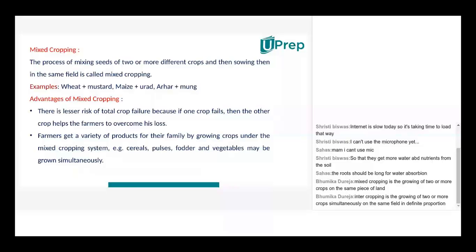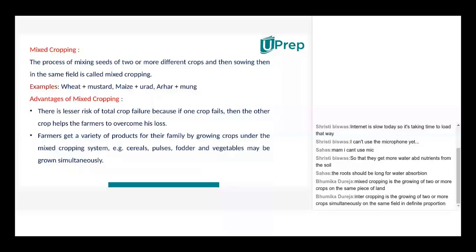Okay. Farmers get a variety of products for their family by growing crops under the mixed cropping system. Example, cereals, pulses, fodder and vegetables may be grown simultaneously. So here basically, if the farmer has got 3, 4 lands, in one land he grows rice, in one paddy and in one mustard, then what about the veggies or the pulses, right?